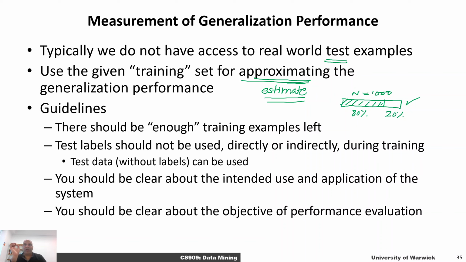Now, what would happen if I change that test set? Let's say instead of using the bit on the right as the test set, what if I use this bit at the left-hand side as the test set, and we use the rest of it for training? Is the performance going to change?